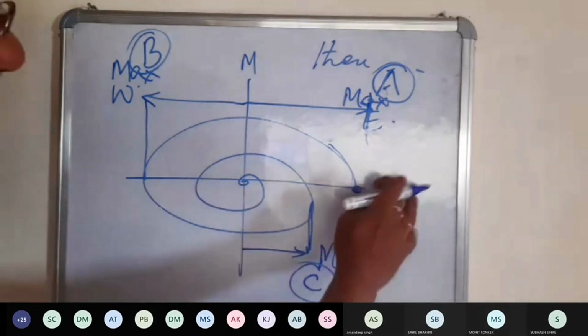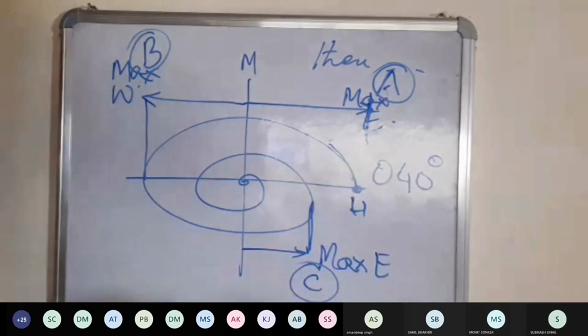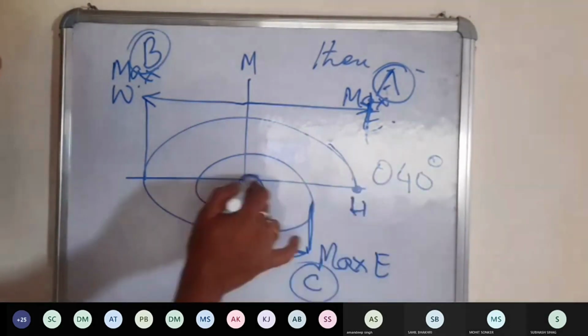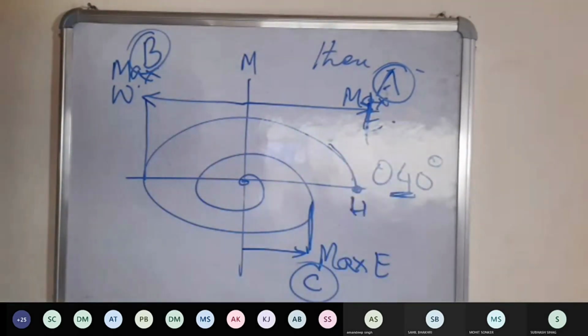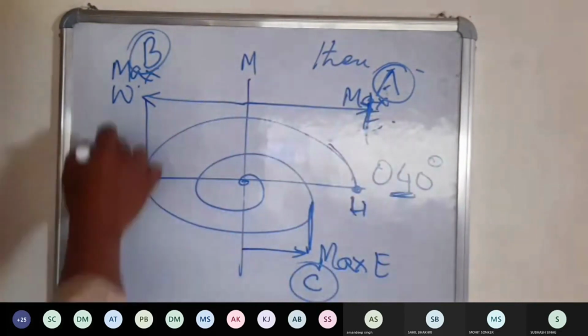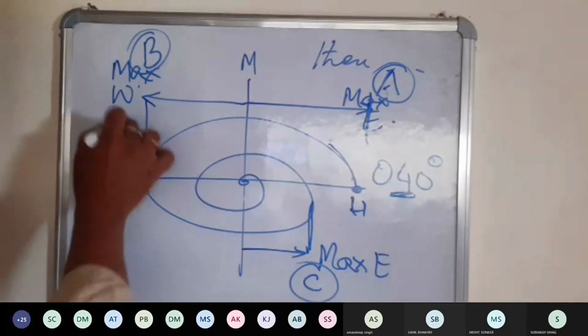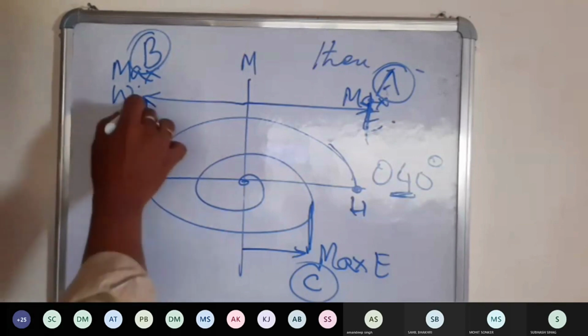Let us say this one is 040 degrees. From 0 it shifted east to 40 degrees. When it is coming back during the settling process, let us say it is 330 degrees.